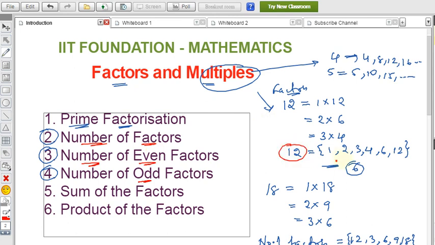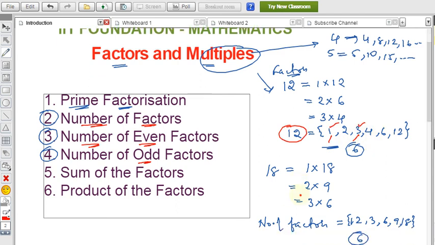Now in this example, in 12, the odd factors are 1 and 3. In 18, 1, 3, 9 are the odd factors. So from the total factors, how do we find the odd factors directly? We'll check now.